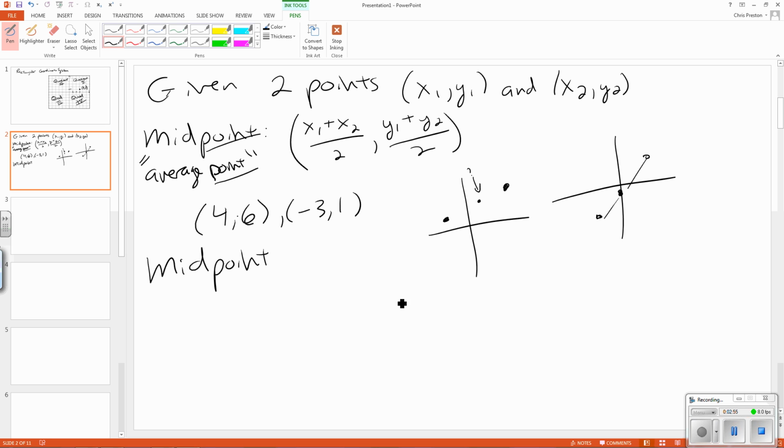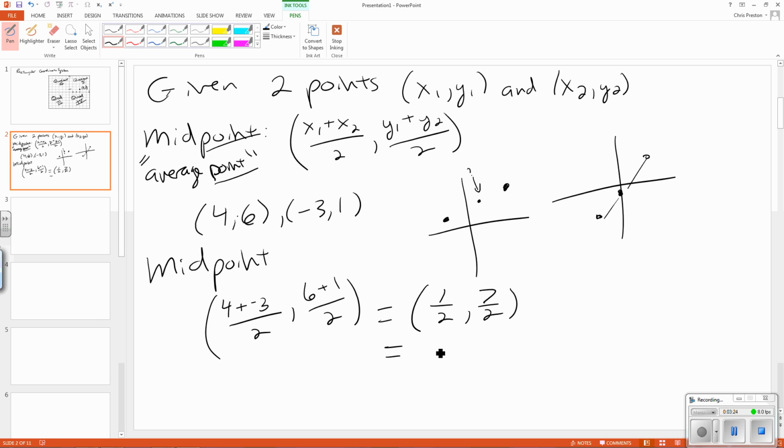So you can draw yourself a quick little sketch like I did there and figure it out. So I'm going to put these numbers in. The first x value plus the second x value, divide by 2. First y value plus second y value, divide by 2. So this is going to give me 4 plus -3 is 1, so 1/2. 6 plus 1 is 7, so 7/2.